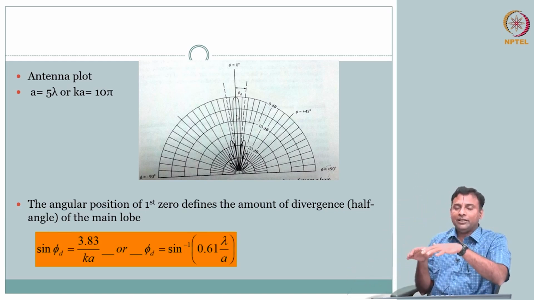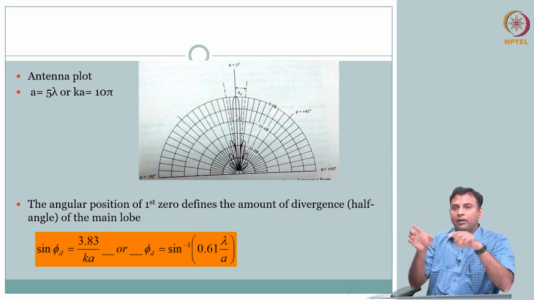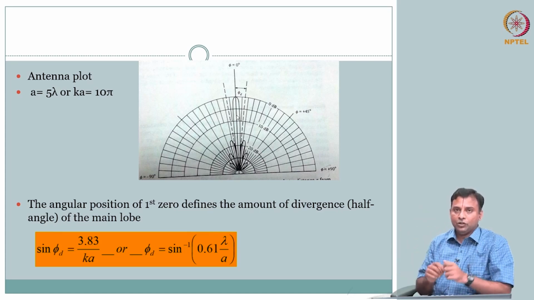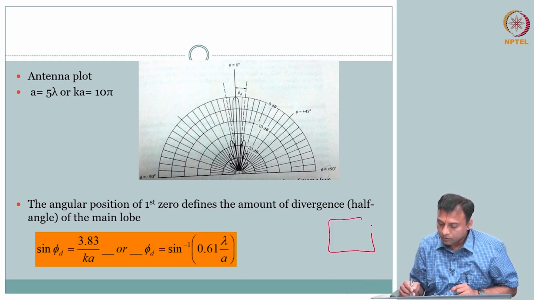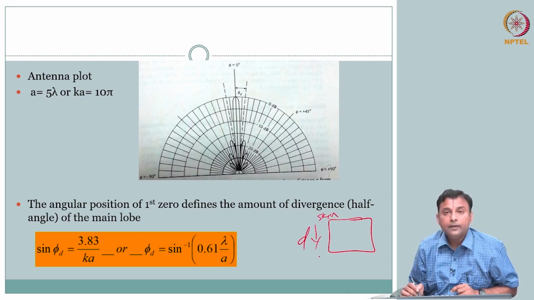But in imaging, at least we are interested in plane, how it is spreading in the other direction. So if you see an image, right, if this is your depth d, skin, and this is depth, this direction is fine, that is your axial direction.